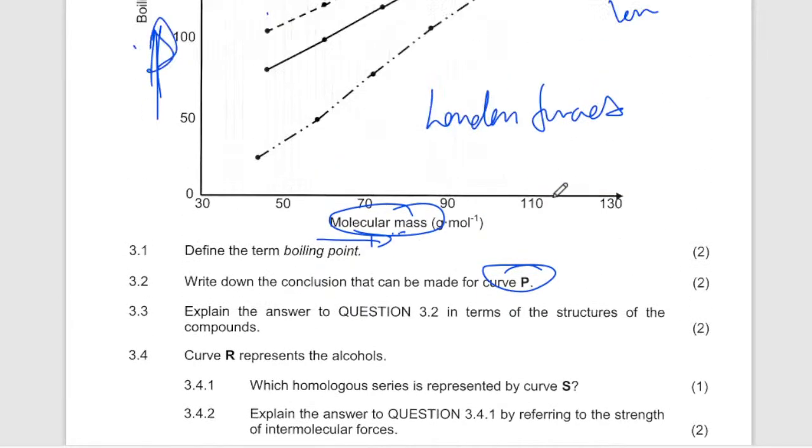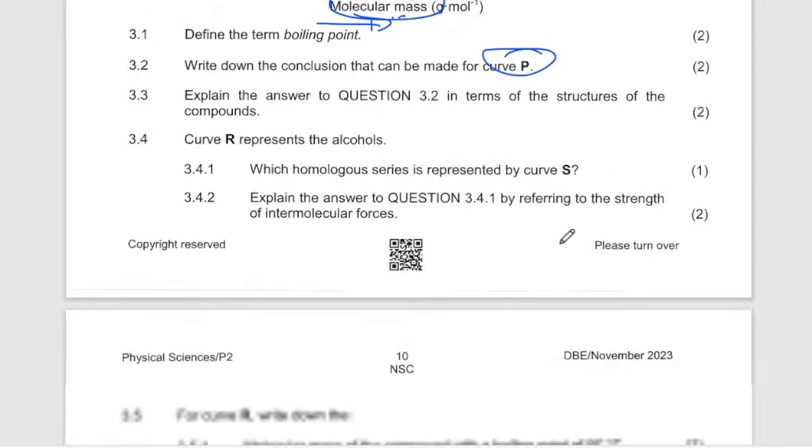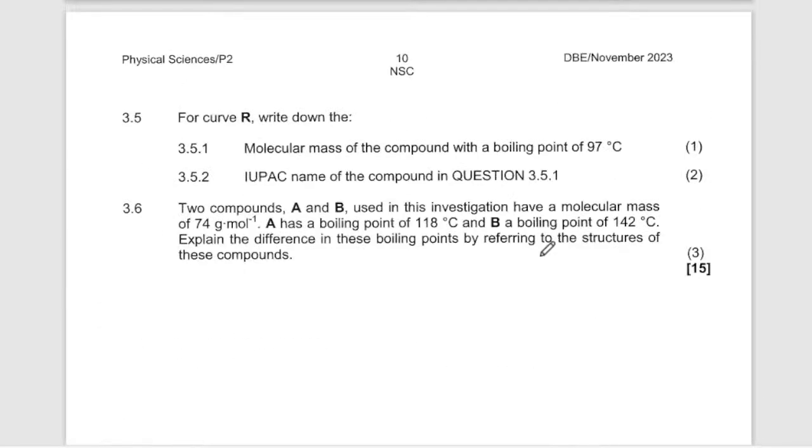So I've tried to explain that it has London force and dipole forces which are weaker than the hydrogen bond and London force which are found in alcohol. Therefore, alcohol will require more heat to break its bond so that it can boil. Hence, its boiling point is higher than that of the aldehyde.